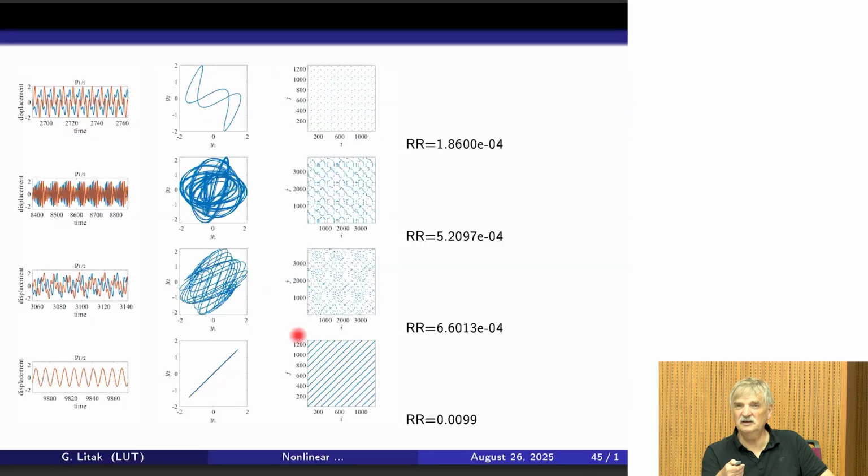If the system is well synchronized, for example here, you have diagonal lines, and if it is not so well synchronized, you see other patterns, and you can look at the statistics. The recurrence plot is calculated by comparing the state at one time, where x and y are times, but could be different times. Exactly in the middle you have the same time, because time 1 is equal to time 2, and you have a time series.